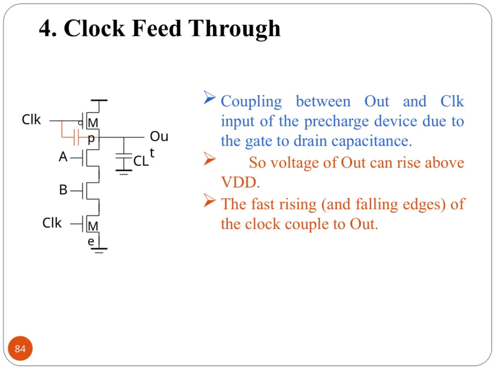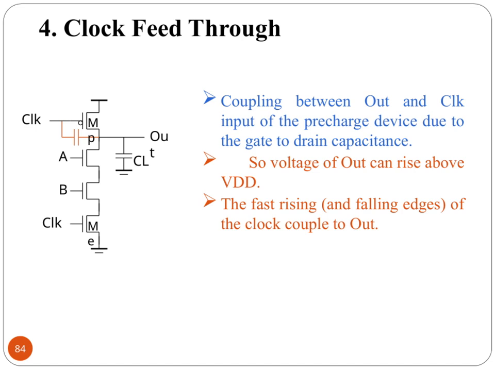By analyzing these timing differences, we can better design circuits to mitigate unwanted interactions and ensure stable operation. Here, we are focusing on clock feed-through, which is an important phenomenon in circuit design. Essentially, clock feed-through occurs because of the coupling between the output node and the clock input of the pre-charge device. This happens due to the gate-to-drain capacitance. What this means in practice is that the voltage at the output node can actually rise above the supply voltage, VDD, which is something we need to be aware of when analyzing the behavior of the circuit.